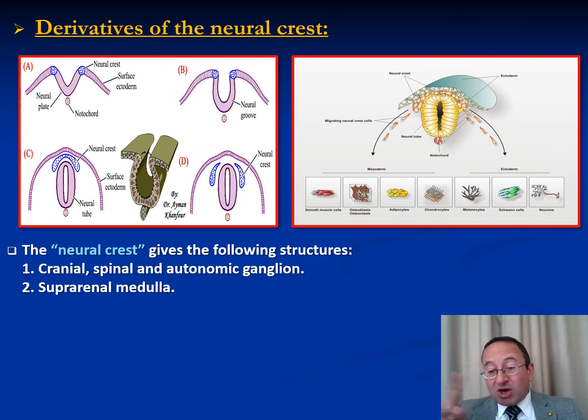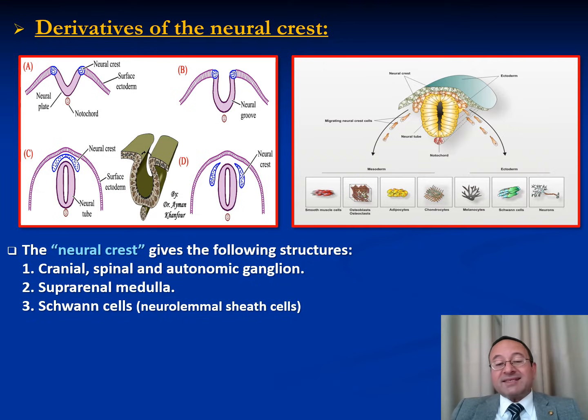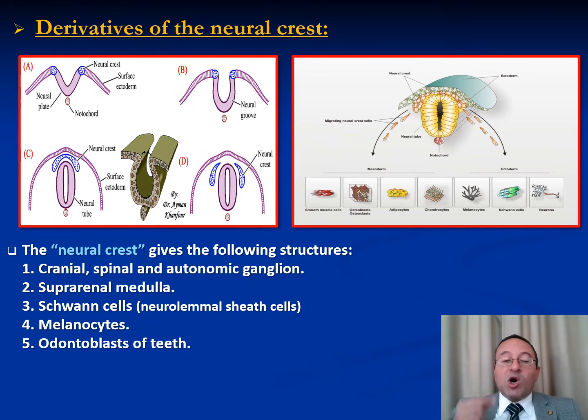Medulla, not cortex. Suprarenal medulla. Schwann cells, which are the cells that cover the neurons and form the myelin sheath. Melanocytes, the pigment cells in the skin. Odontoblasts of the teeth.